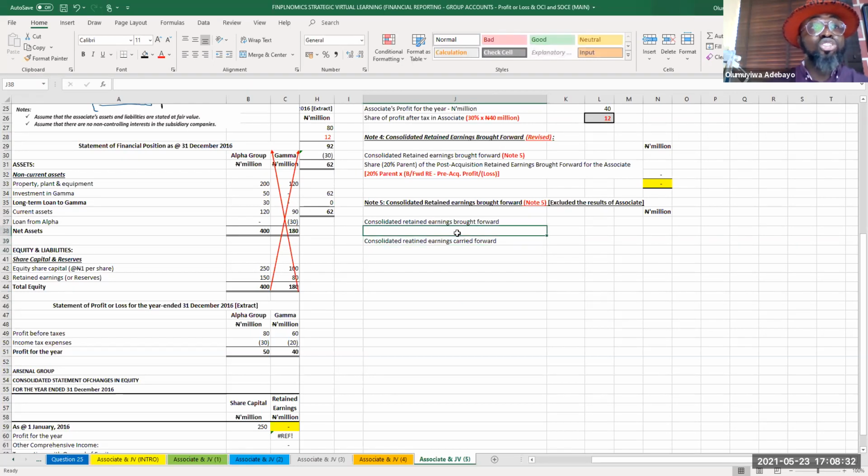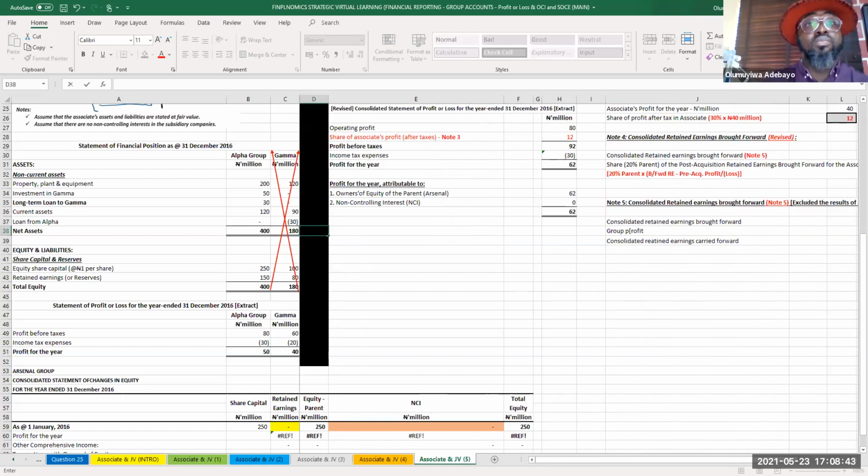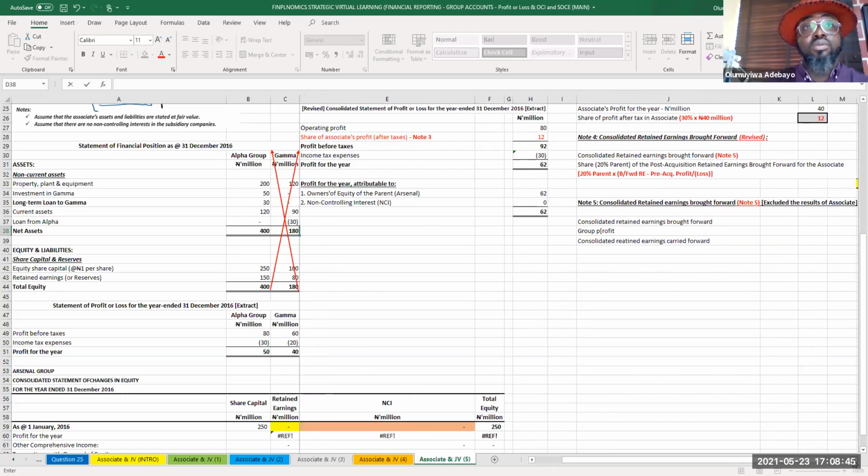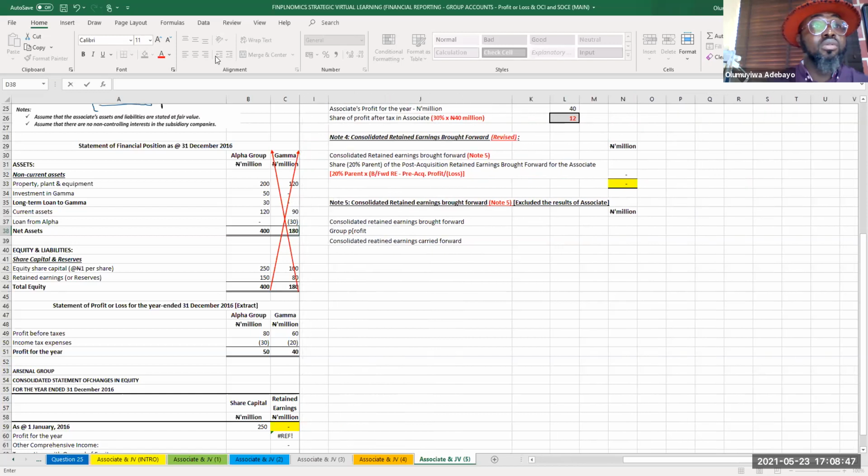The difference between the two is my group profits. It's my group profit attributable to the parent, in this case, Alpha.